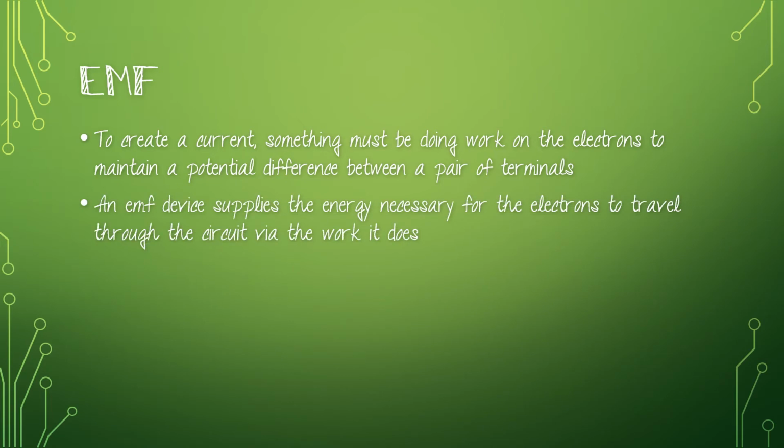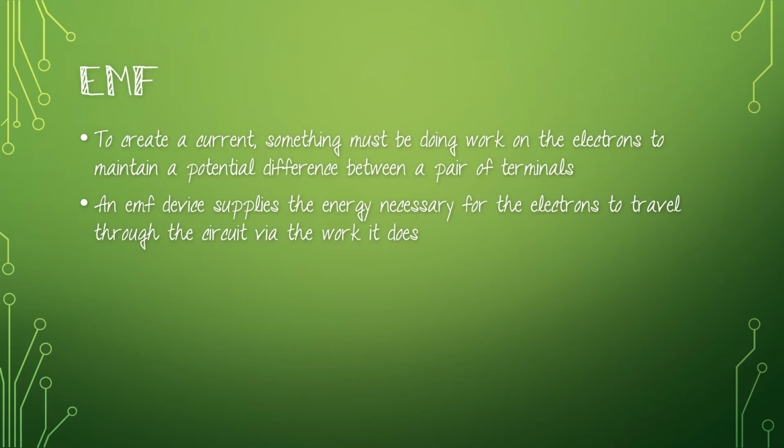So we have the EMF device that is supplying the energy that's necessary for the electrons to travel through the circuit. That term EMF is actually a really outdated name. It used to be called electromotive force, and that's where the EMF comes from, an abbreviation of electromotive force.